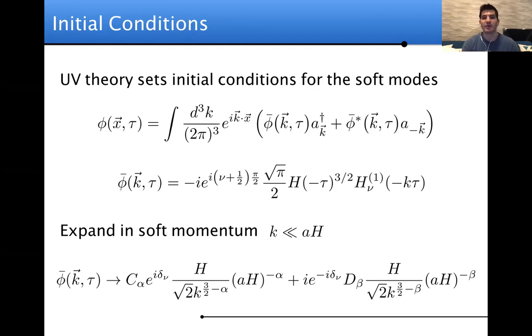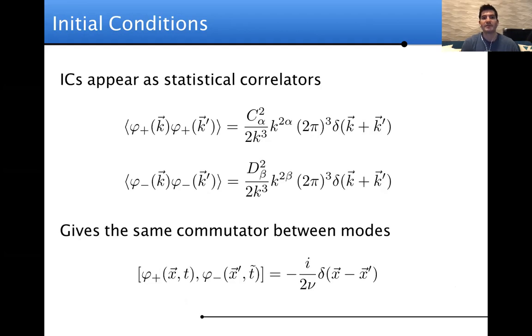So in particular, if we take the usual construction in terms of creation and annihilation operators, one's led to find that the phi plus and phi minus fields actually have classical statistical fluctuations where the power spectra for these fields follows the dimensions, where phi plus or phi minus scale as k to the alpha and k to the beta, with order 1 coefficients c and d.